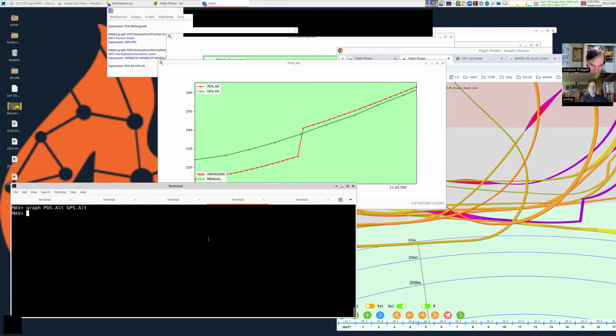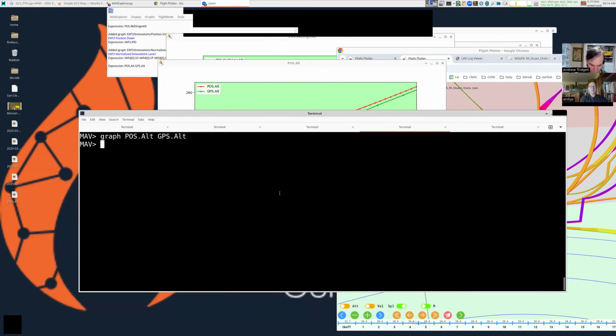So one of the main reasons I wanted to do this call was we have a new option, this parameter called EK3_GLITCH_RAD.